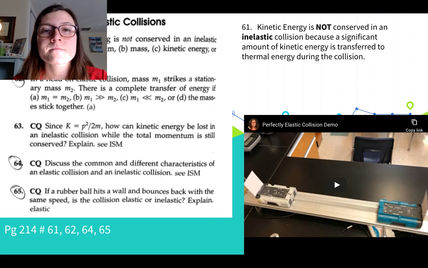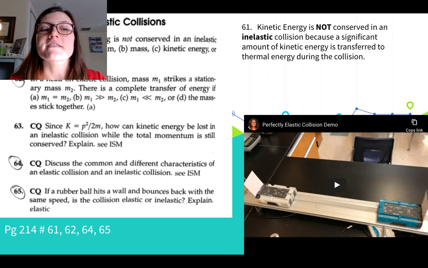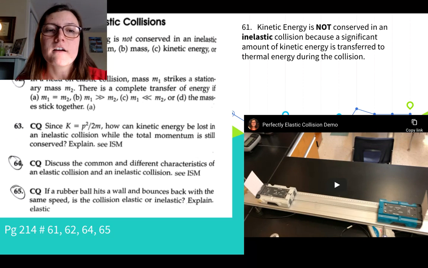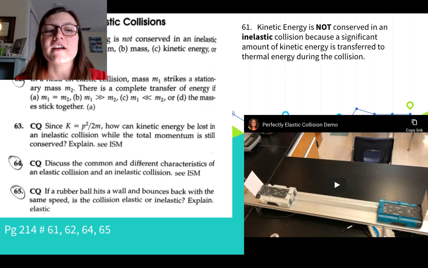Okay. Number 62. In a head-on elastic collision, M1 strikes a stationary mass M2. There is a complete transfer of energy if, okay, our options are A, M1 is equal to M2, so the masses of the objects are the same.